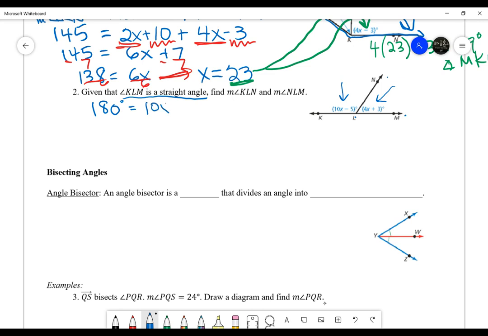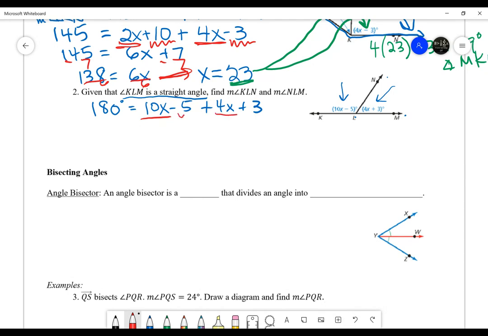We'll do 10x minus 5 plus 4x plus 3. And we'll repeat our steps from the last problem. Combine like terms.